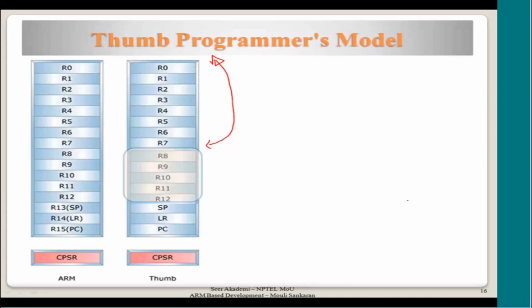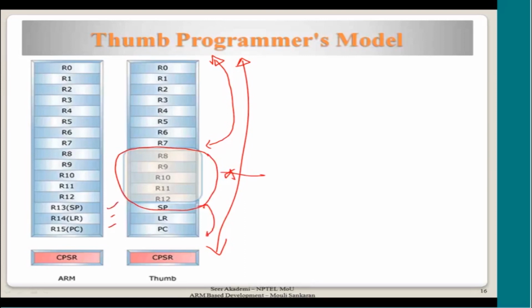Only these core registers are visible, and the top registers are used only by specific instructions. And then the rest of these registers, which happen to be general purpose also, you could use R13 or R14 or R15. In a typical ARM mode, they are all tied to a particular function here.